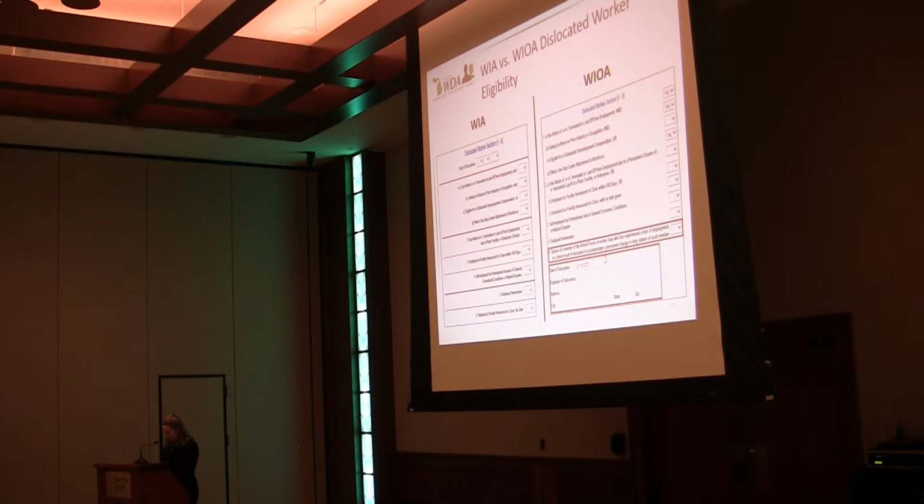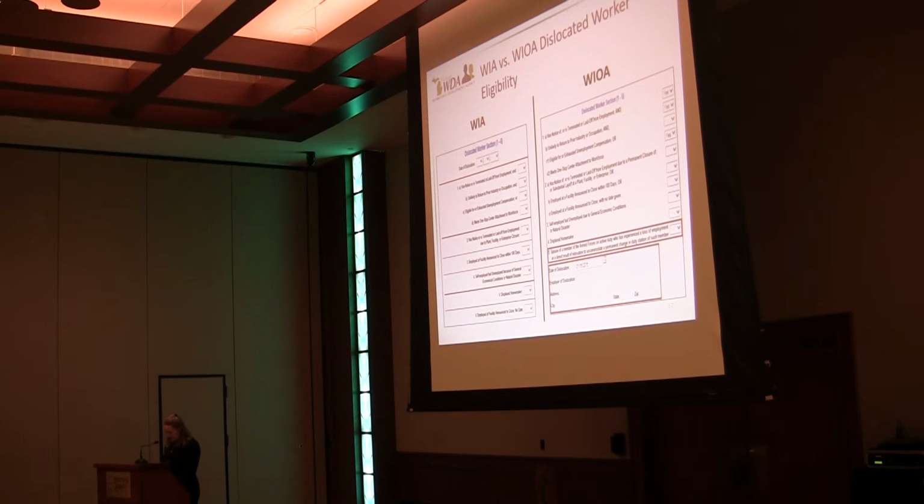So for example, the new number 2 combines the old number 2, 3, and 6. But it's broken into 2A, B, and C. The old number 4 is the new number 3, and so on. So it's really been rearranged and reordered.